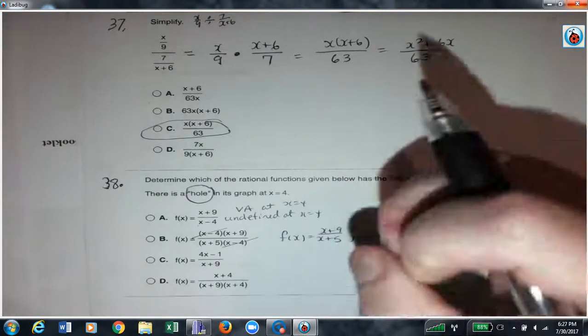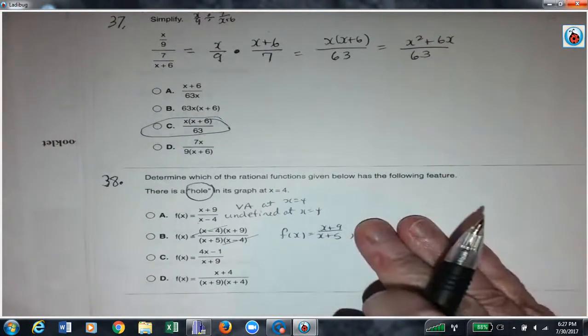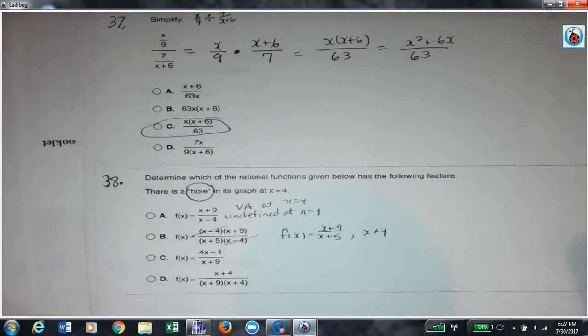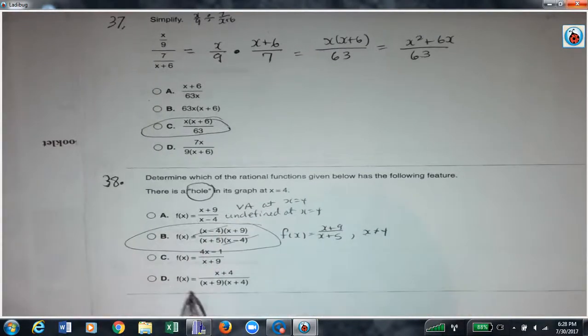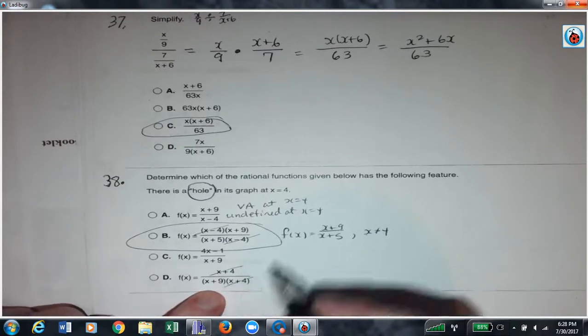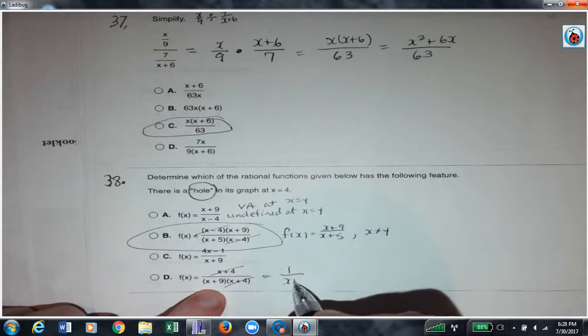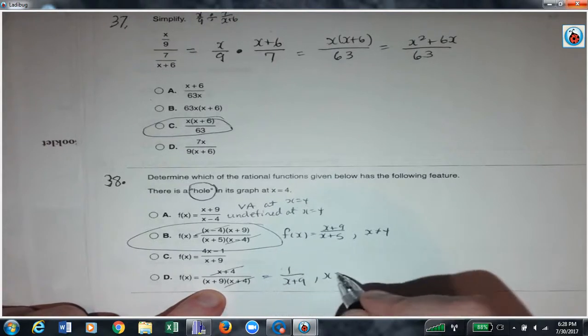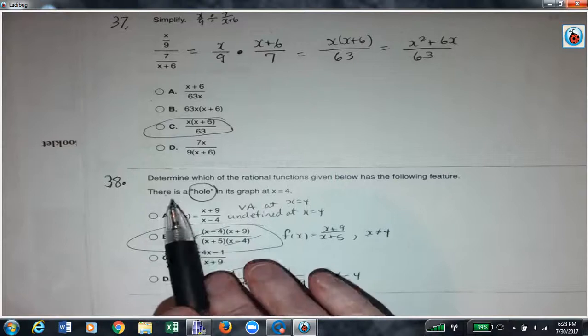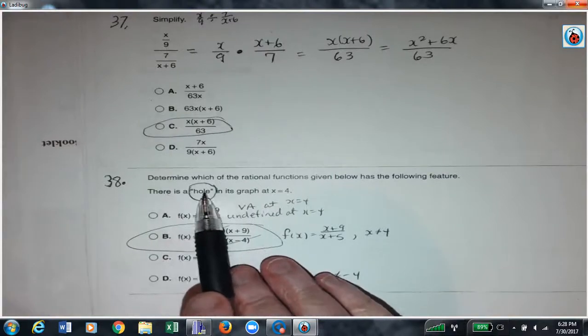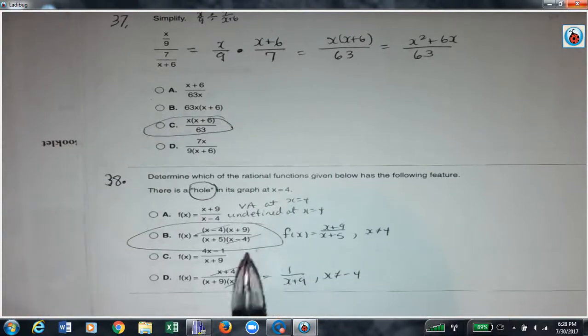So where that point would have been on this function, we have to exclude it. And so the answer is this one. This is undefined at negative 4. So that has a hole at negative 4, but they said which one has a hole at 4, and it's going to be B.